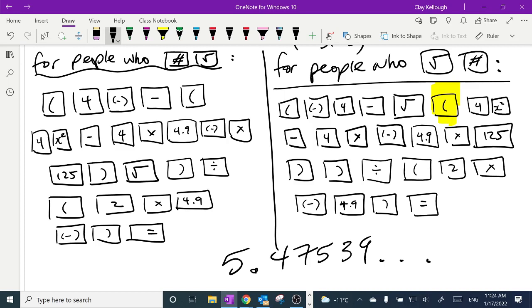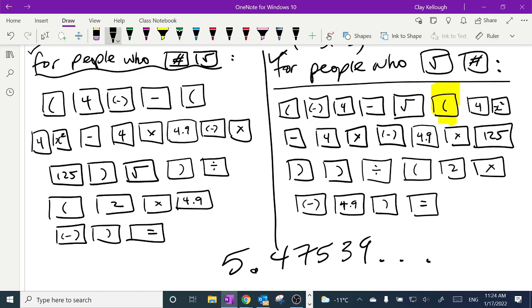Close bracket, divide by, open bracket, 2 times negative 4.9, close brackets, equals. Yep. I've got it on 3 different calculators, 2 of which are the ones on the right for me. For those of you in the room, if you want to look at my calculator brandings, those two there are this one on the right. This guy here is the one on the left.